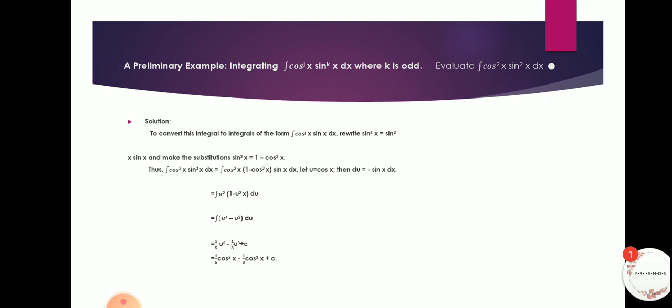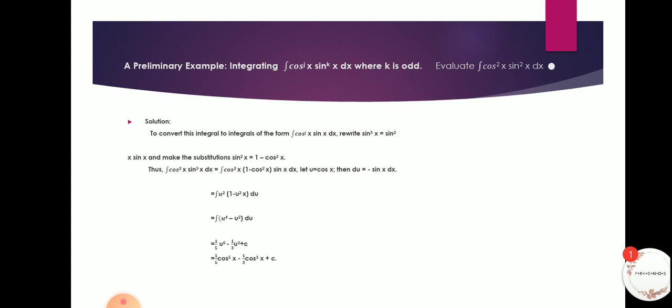Evaluate integral cosine squared x sine cubed x dx. So the solution is to convert this integral to integrals of the form integral cosine^j x sine x dx.